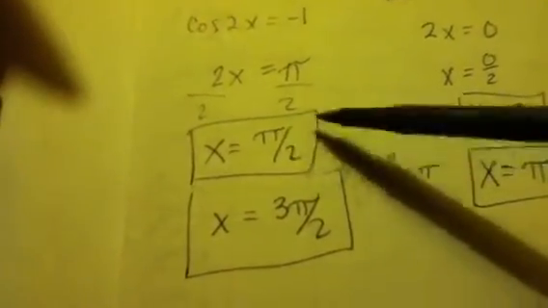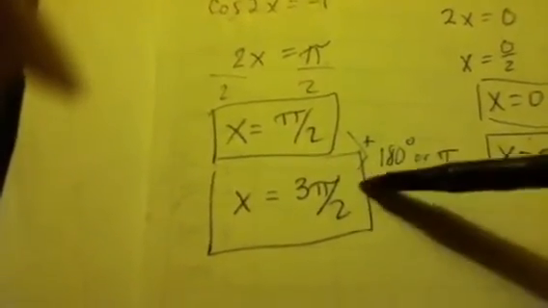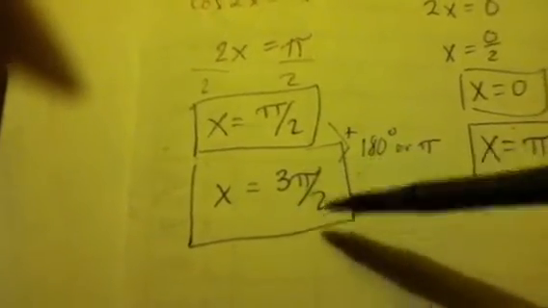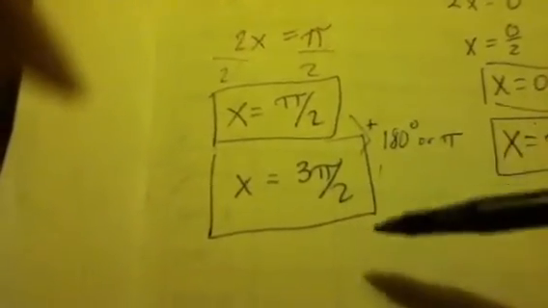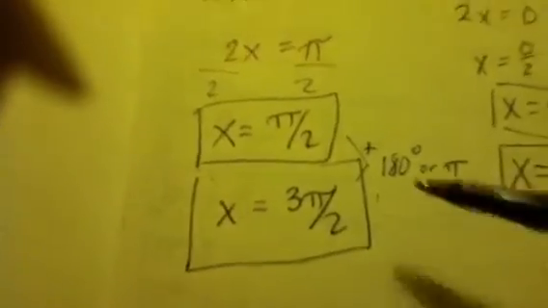Well, pi over 2 plus pi is 3 pi over 2. If I added 180 or pi again, I'd go overboard because I'm supposed to stay between 0 and 2 pi. So these are 2 answers from this side of the equation.